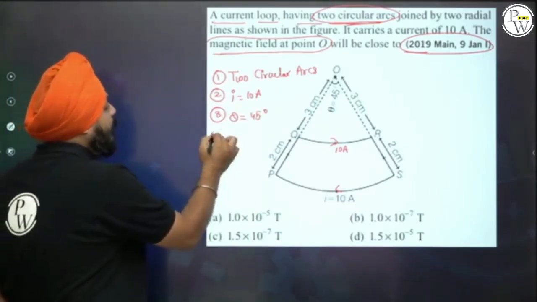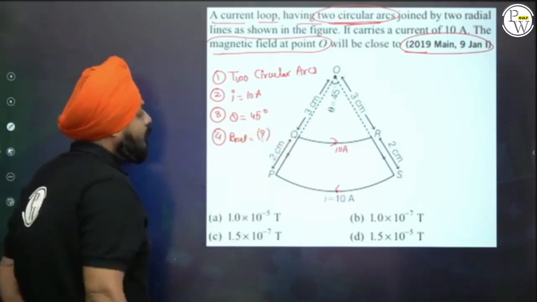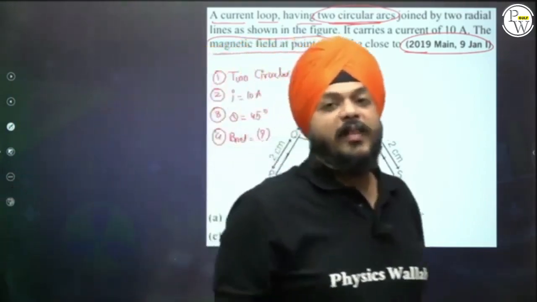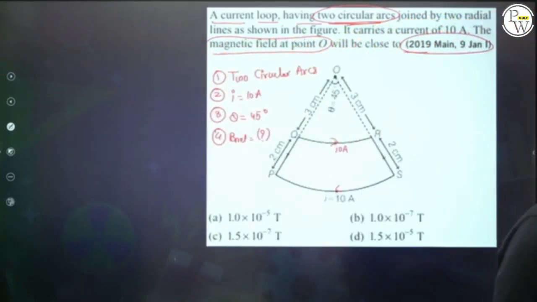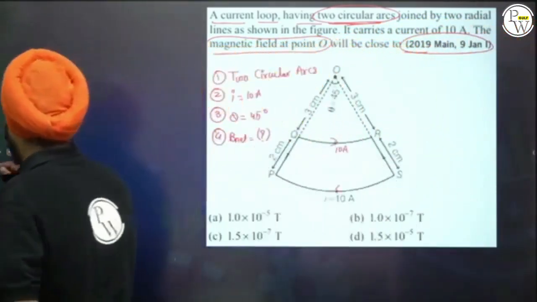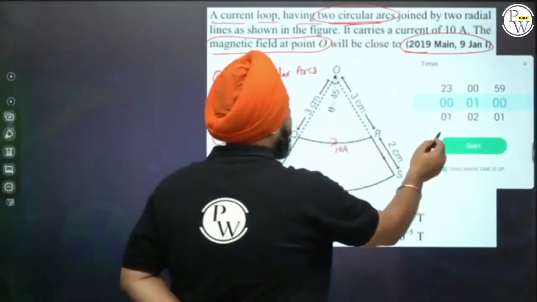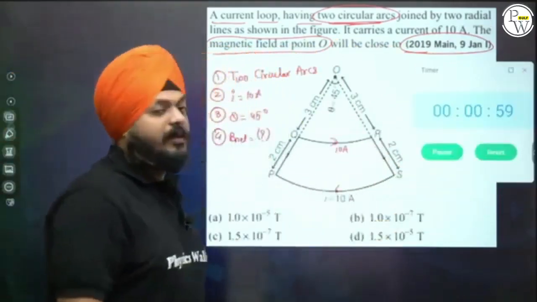What we need to calculate is the net magnetic field. So two circular arcs, 10 ampere, 45 degree, and we need to calculate the net magnetic field. I gave you all a hint: it is one of the applications of the Biot-Savart's law. But I think you need 1 minute to solve this. Come on, everyone.